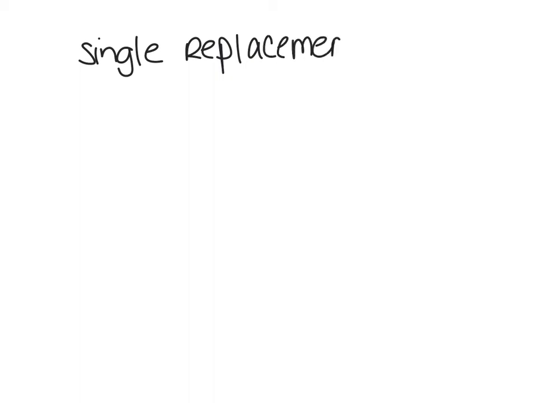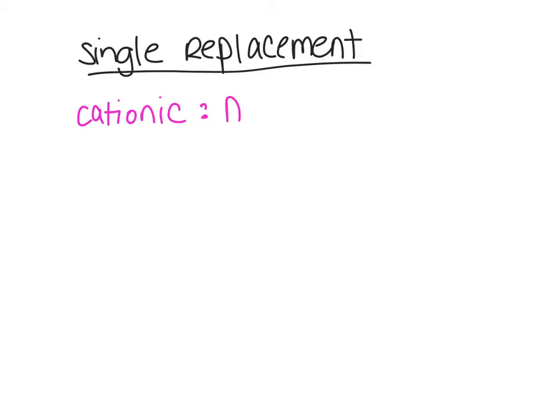Next, we have single replacement. Remember that one was steal your girl or boy or whatever. You're stealing somebody. So I need you guys to now start focusing on the two different types of single replacements. There is a cationic one, which would look like A plus BC.